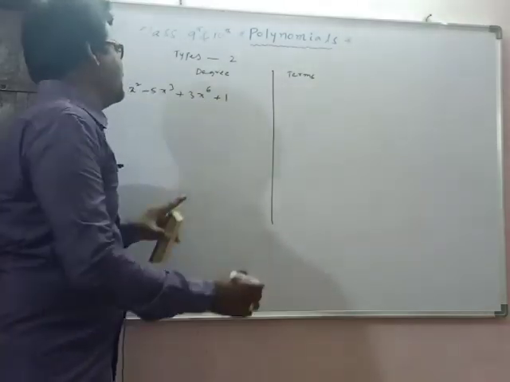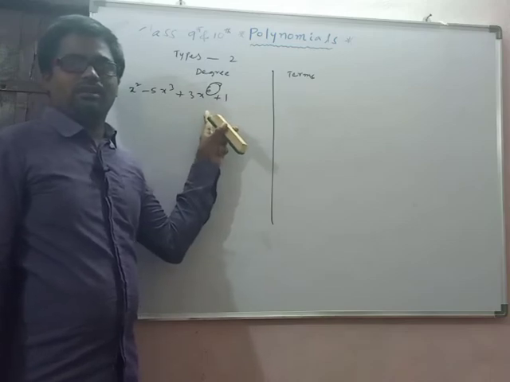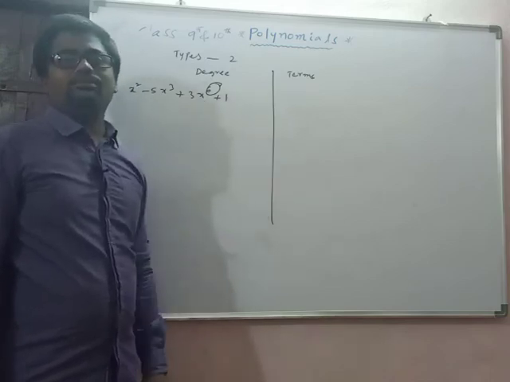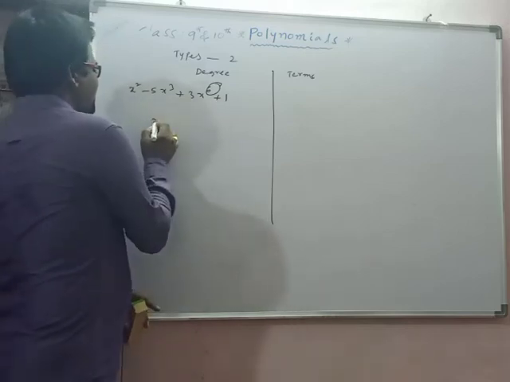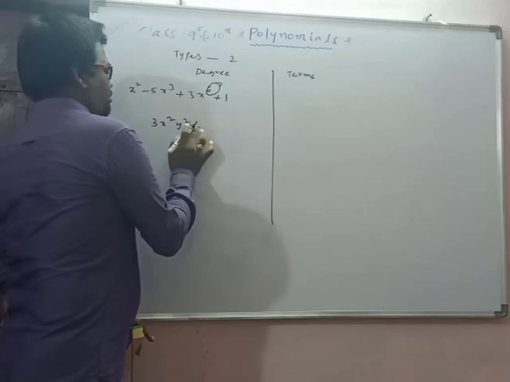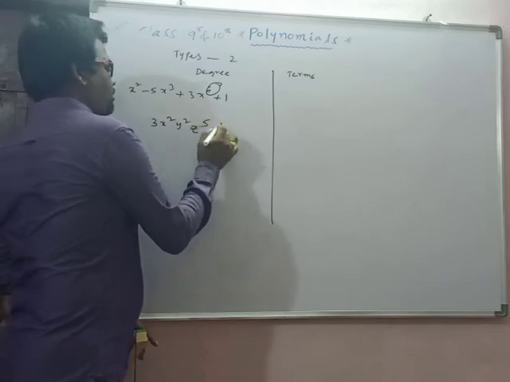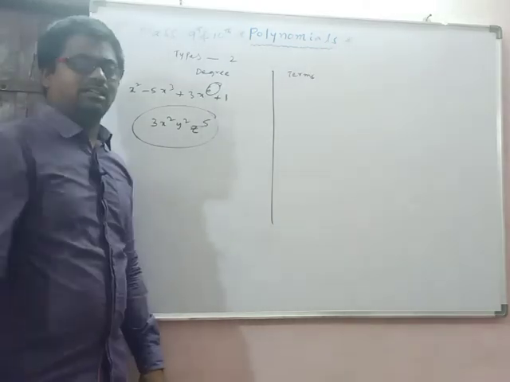The highest exponent of variable in a polynomial is the degree of the polynomial. If a single term is there, means this is only one term.